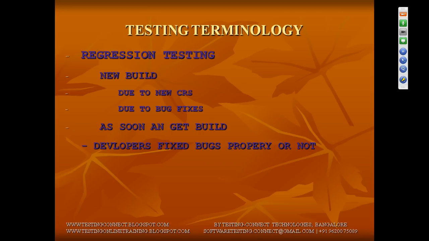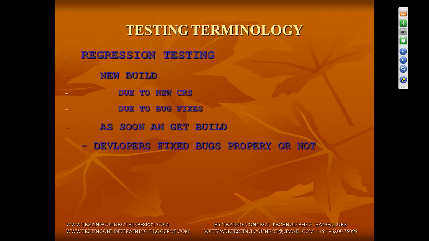And one more point, in the case of new change requests, whether they made the enhancements properly or not. Simply I have to say, whether the developer changed the code properly or not. That is the first point.